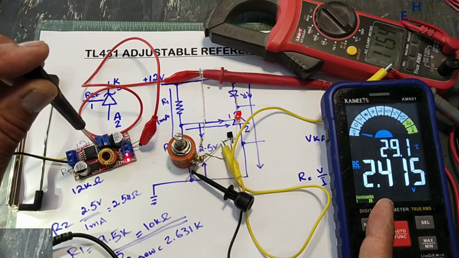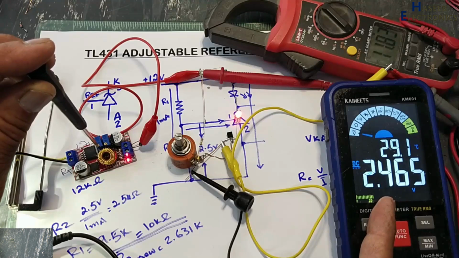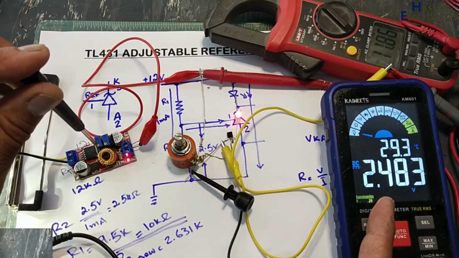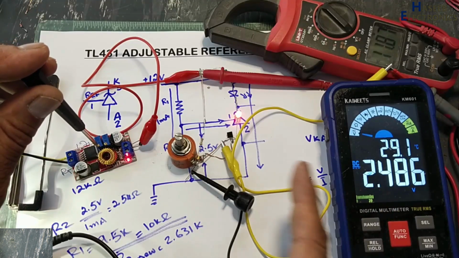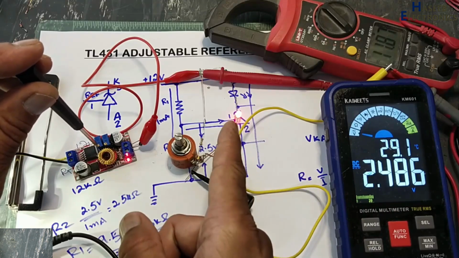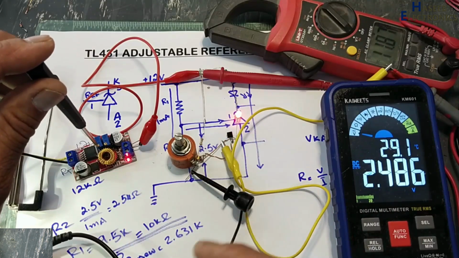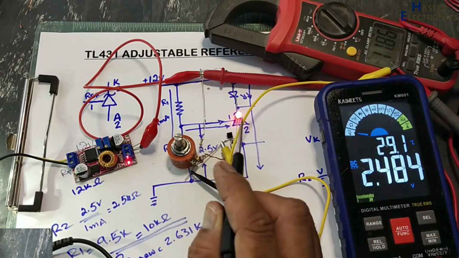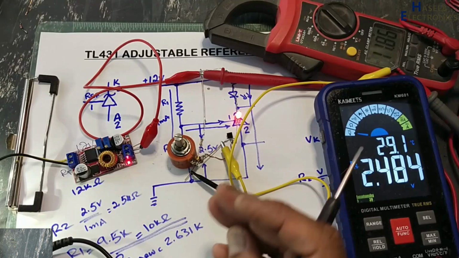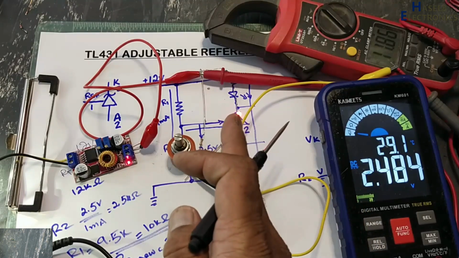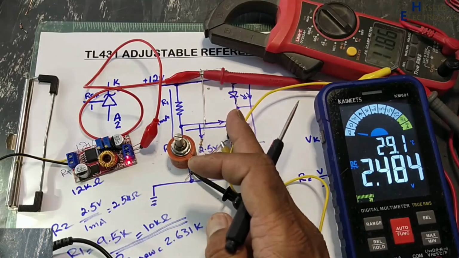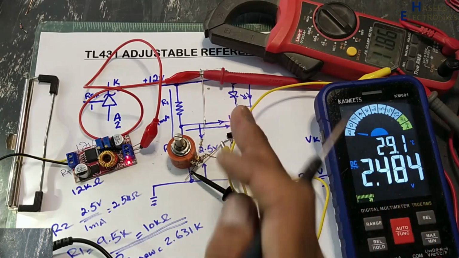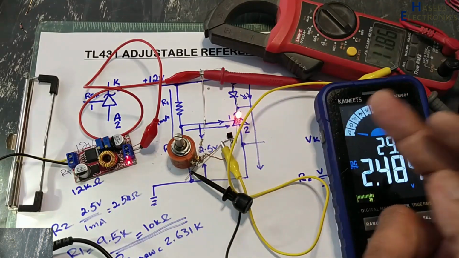2.39, 2.415, 2.46, 2.485. The LED is full bright. This time it received its required current. Now our load is turned on. If we are driving any optocoupler, this time the optocoupler will turn on its internal IR and it will turn on the output transistor.